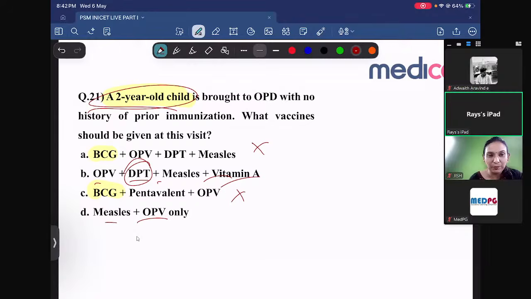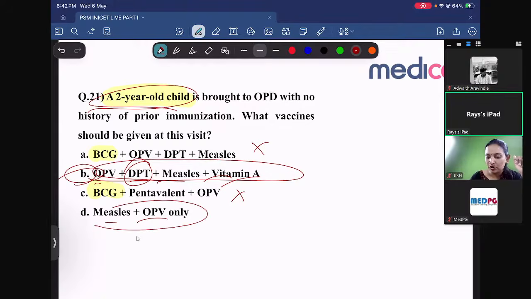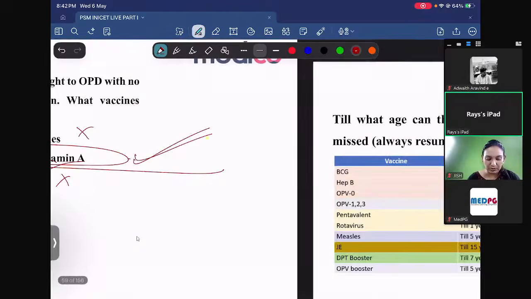After 1 year, you don't give penta. Penta has DPT, hepatitis B, and Hib. So if the child comes after 1 year, you have to give DPT alone. The 2-year-old child has already missed the 6 and 14 weeks pentavalent vaccine, so now we can give DPT. It's not measles plus OPV only. Option B is the correct answer: OPV, DPT, measles, and vitamin A have to be given.